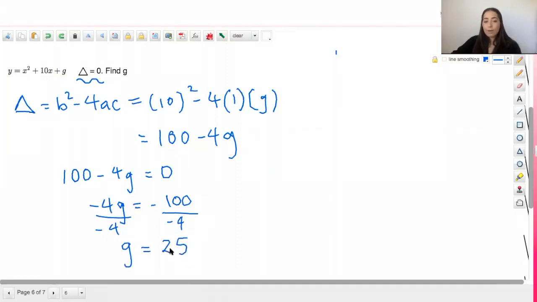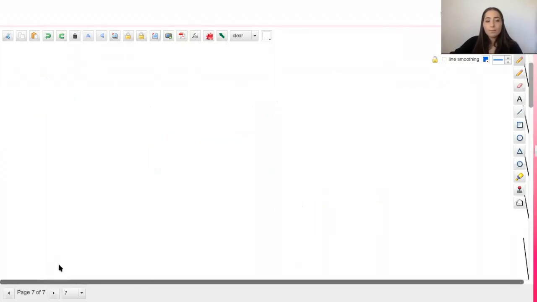And there we go. Using the discriminant, we can now work backwards to find the constant within our parabolic function. So we can rewrite this function as y equals x squared plus 10x plus 25, now that we know the value of g. Okay, let's look at one more example.